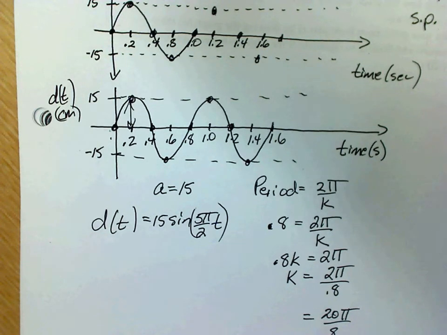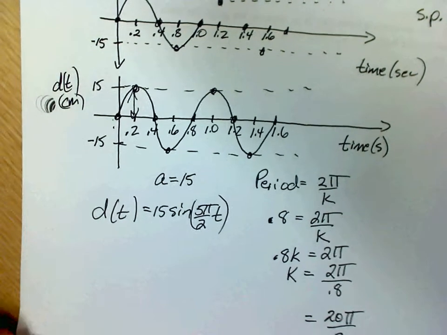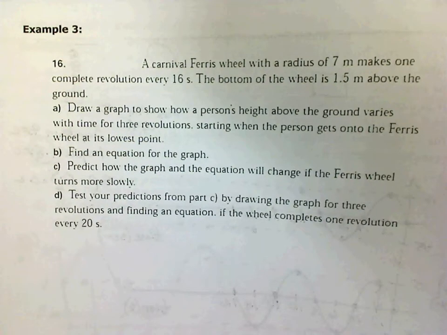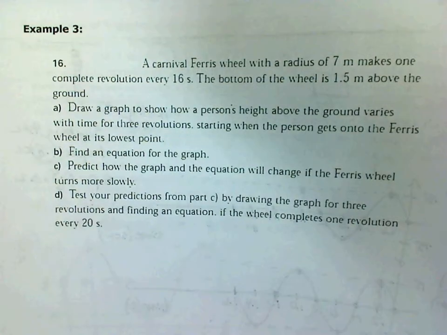Let's do one more example, a carnival Ferris wheel example. A carnival Ferris wheel has a radius of 7.